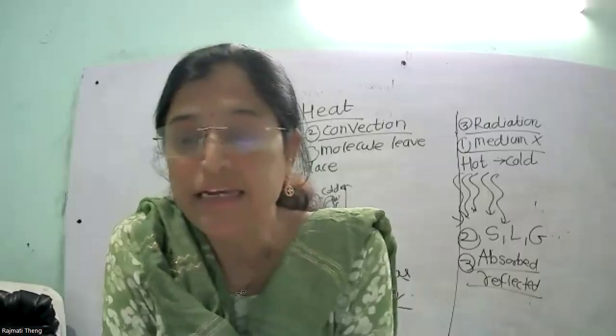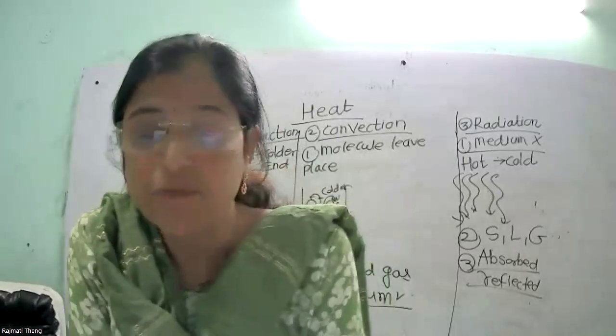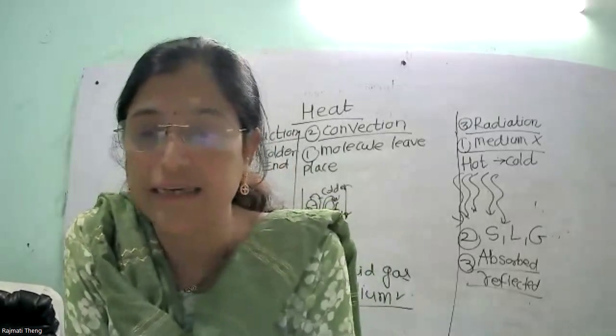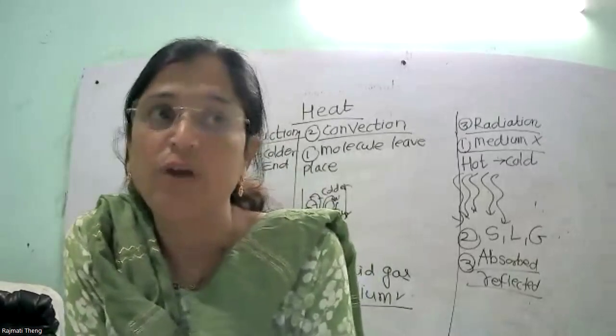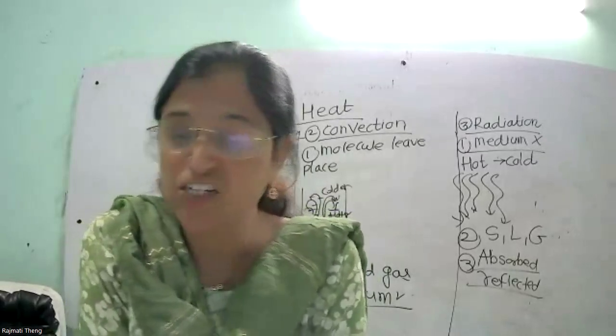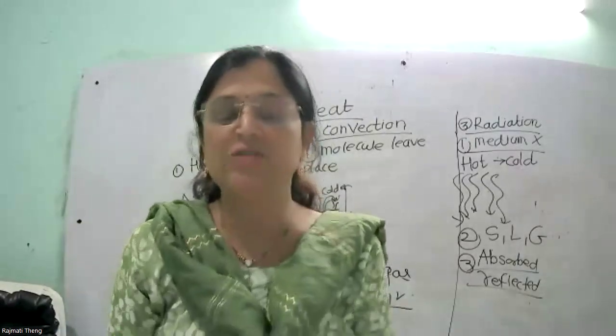We supply the heat like this, and we also remove heat from the substance. When we give heat, temperature increases; when we remove heat, temperature decreases. Clear? Okay, my dear students.